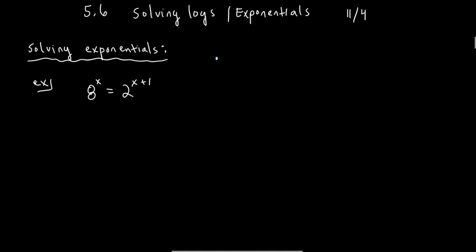You want to use this rule that says, let's use x: if I have x raised to the a equals x raised to the b, then I know a must equal b.